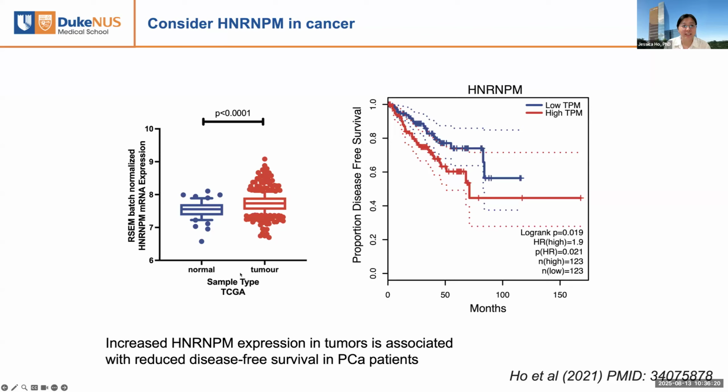So if you look at the TCGA database, you can see that HNRNPM is highly expressed in tumor tissue and not so much in the adjacent normal tissue. Patients with high levels of HNRNPM expression have a much poorer survival prognosis compared to patients with less HNRNPM expression. So HNRNPM looks like it's a very important gene for the regulation of prostate cancer growth and survival.